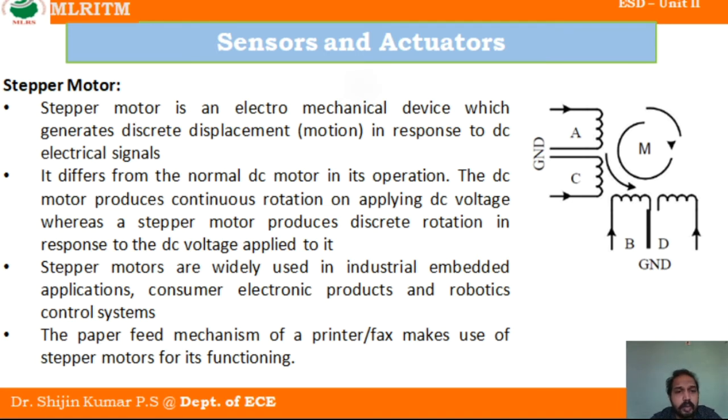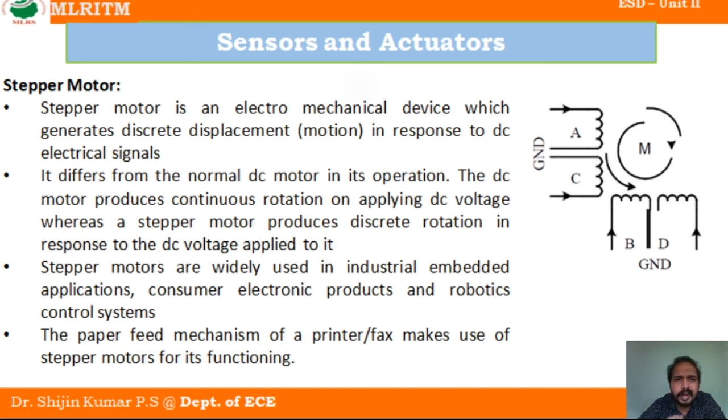But in the case of stepper motor, it is a device which generates a discrete displacement, one step displacement. There are different angles. We can obtain 30-degree, 60-degree, 90-degree or 180-degree displacement from a stepper motor.